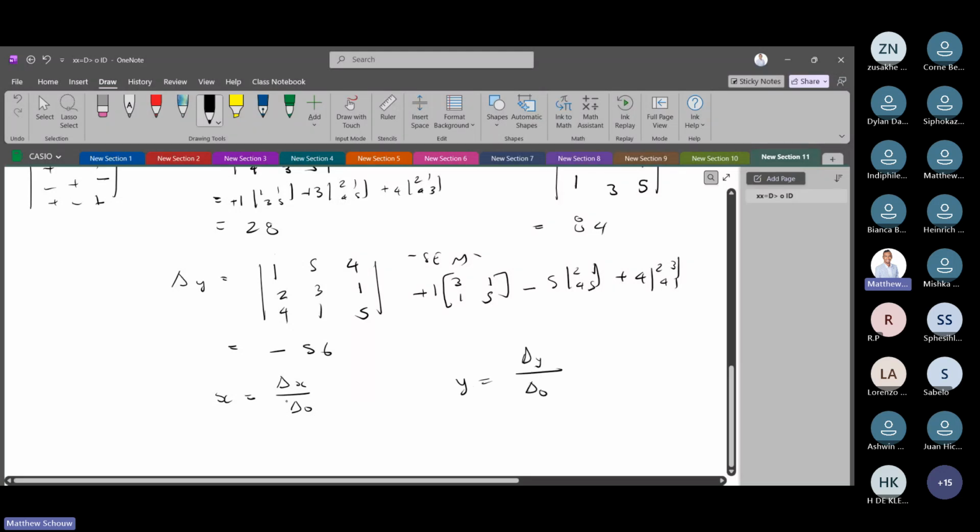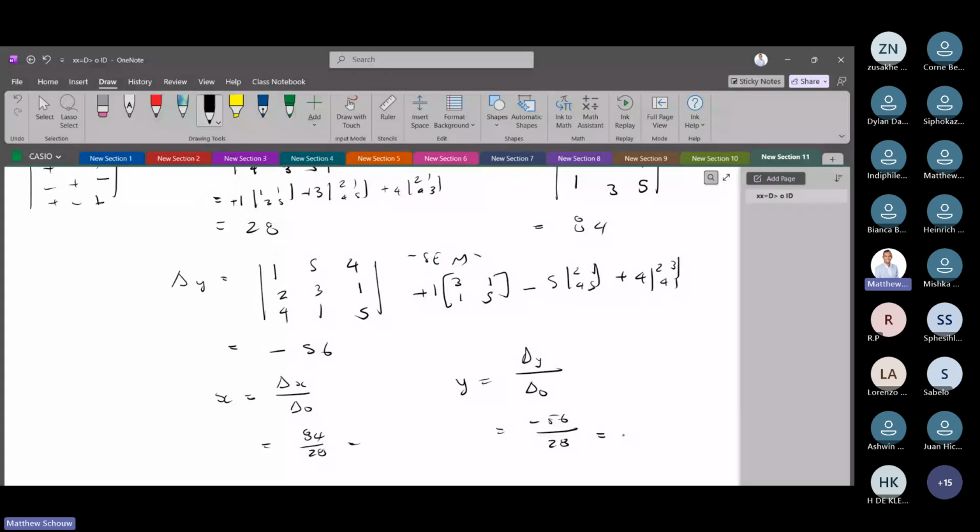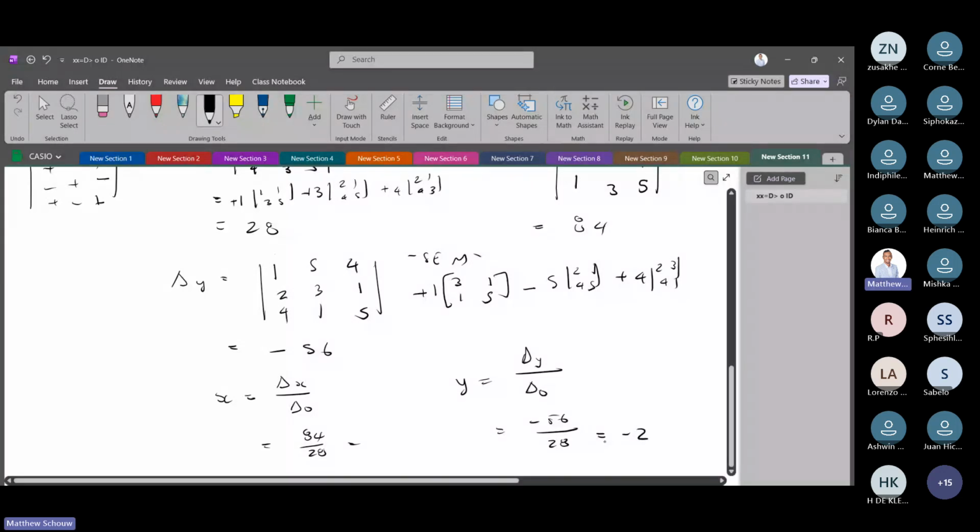It's always divided by delta 0. If you recall, when I was doing the 2 by 2, that's the denominator. Delta x in this case was 84. 84 divided by 28, we get our answer. Y was negative 56. You divide it by delta 0, which is 28. This answer should be negative 2, right?